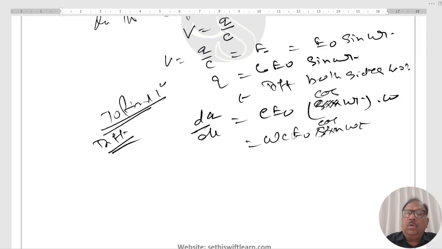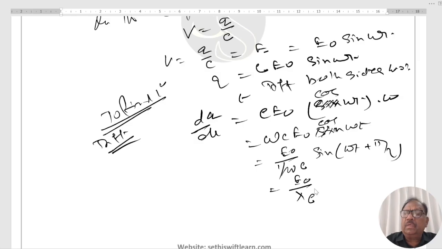Right? Now we have to apply Ohm's law here. E naught upon 1 by omega C. Cos can be written as sin of omega t plus pi by 2. So this is E naught upon Xc, that is sin of omega t plus pi by 2.